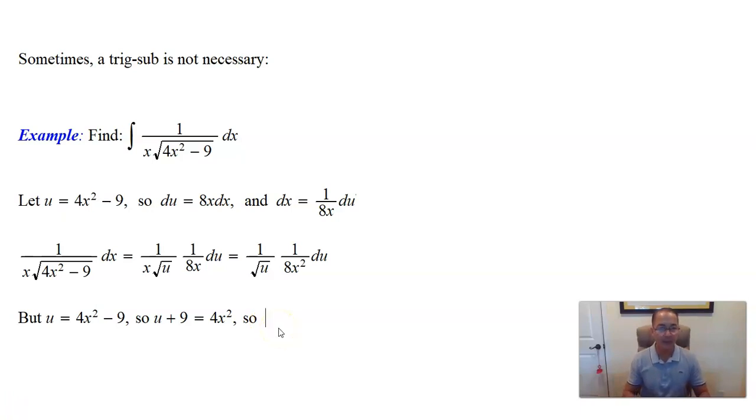Where were we? I wanted 8x squared, so 8x squared is twice of u plus 9. Okay, that's good. So we stopped here. We can replace 8x squared with 2 times u plus 9.